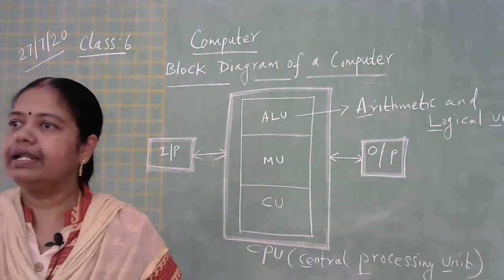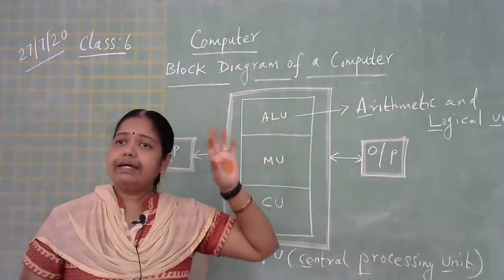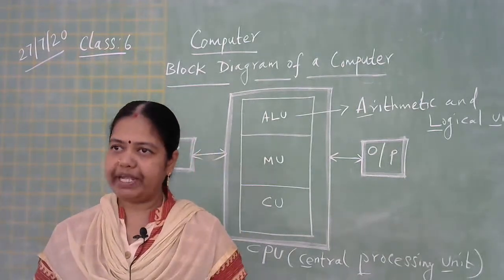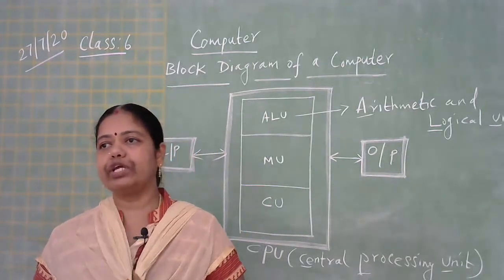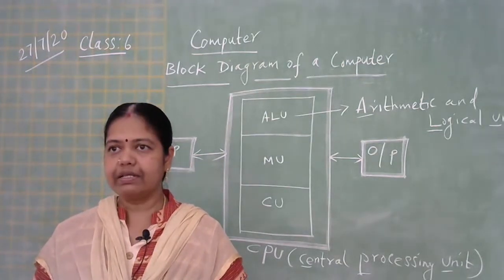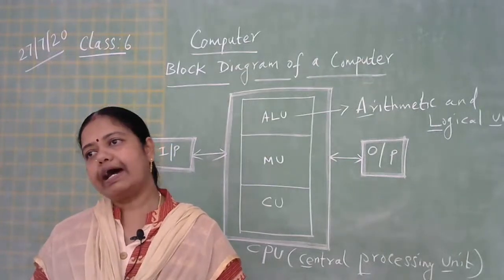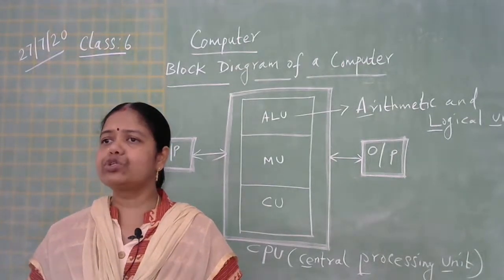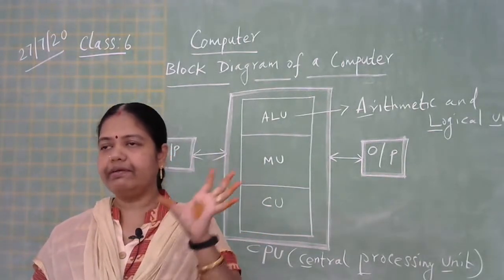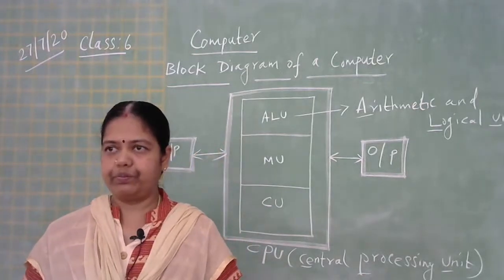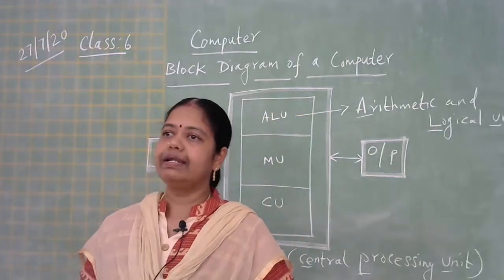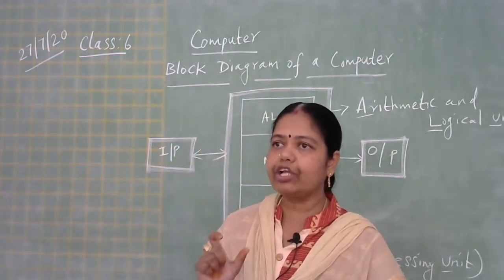Arithmetic and logical unit. On the computer we are using, sometimes for writing documentation, and sometimes using Excel, we can do some calculations. Also, we are using the arithmetic operations and storing the data. After calculating, for storing, we are using the CPU. Okay. So this ALU, arithmetic and logical unit, does the arithmetic operations.